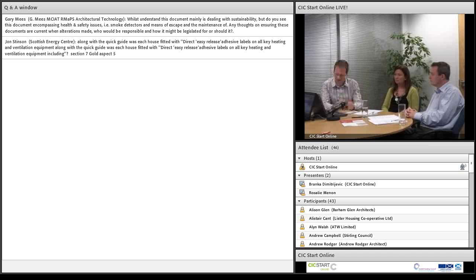If you go back 3 months after someone's moved into the house and put stickers on everything, that's not quite the way. So there's a timing issue to that, but there's also trying to make the information in the document a bit clearer to cover the fact that those stickers hadn't been done in all of these properties.